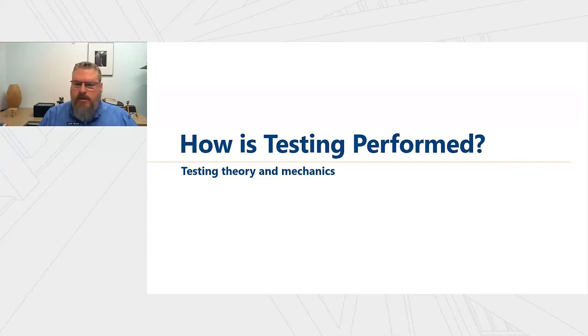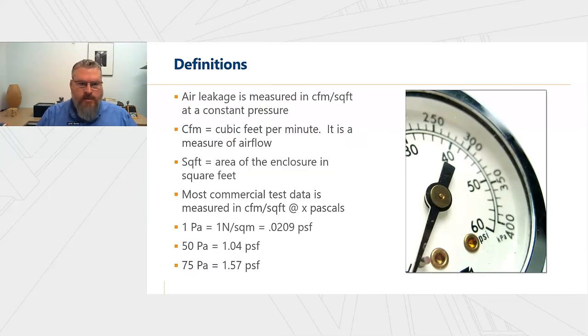So the first slide here is just some definitions for those of you that don't deal with air leakage measurement on a regular basis. In the US, we typically measure air leakage in cubic feet per minute per square foot at a constant pressure. That pressure is typically measured in pascals, so we do mix standard international units and the units that we're most familiar with here, but that's just the way it's done for commercial projects.